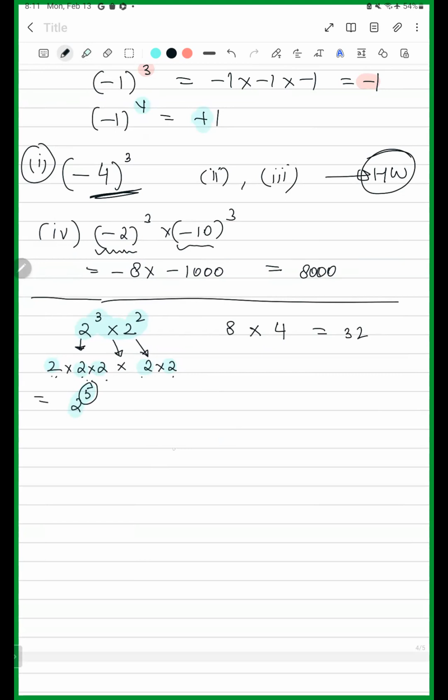Any number, by the way, this 2 here is called your base, and these 3, 2 and 5 are called your exponents. Now, any base a, with any exponent m, multiplied by the same base but a different power n, will be equal to a to the power m plus n. Is this clear?